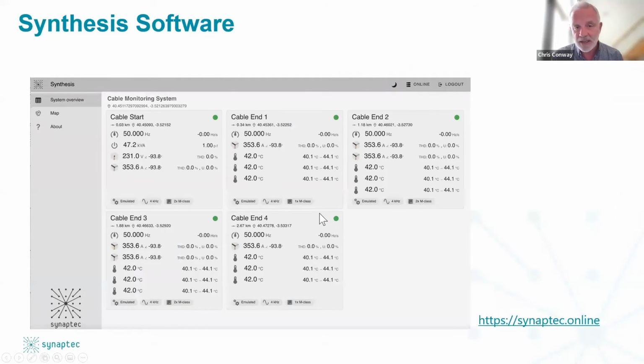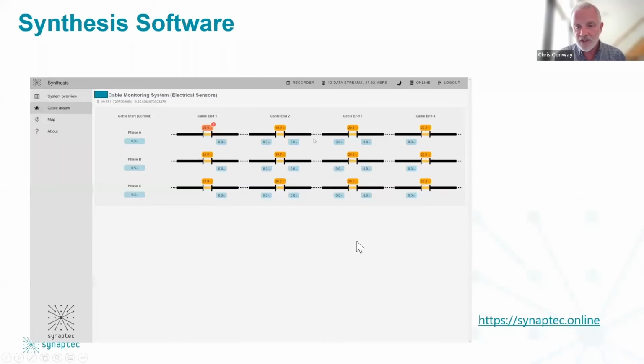So just an example of the type of data that's extracted from these systems: current or voltage, phase angle, frequency, change of frequency, total harmonic distortion, through our synthesis software. So it's the means of gathering and processing that data. We can set alarms on that data, and on data external to the system as well, or we can change that to reflect some sort of GUI that a customer may require.